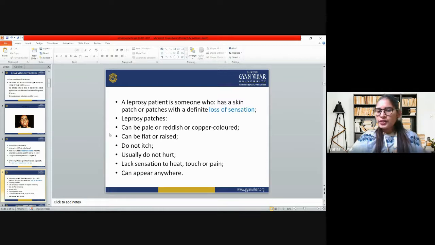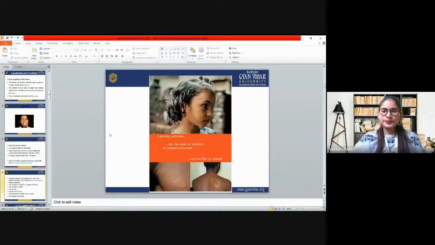Now, there is a lack of sensation to heat, touch, or pain. So whenever the patch comes into contact with temperature, heat, or fire, it does not give the sensation of heat, touch, or pain, and it can appear anywhere on the body or skin surface.